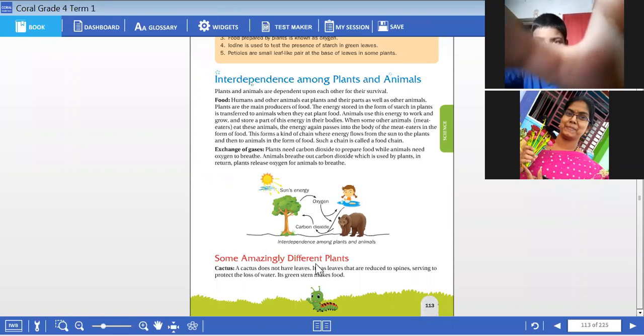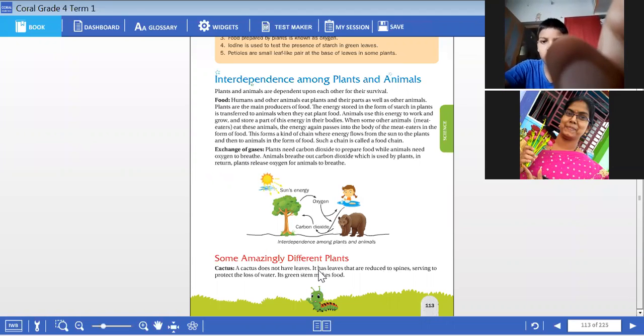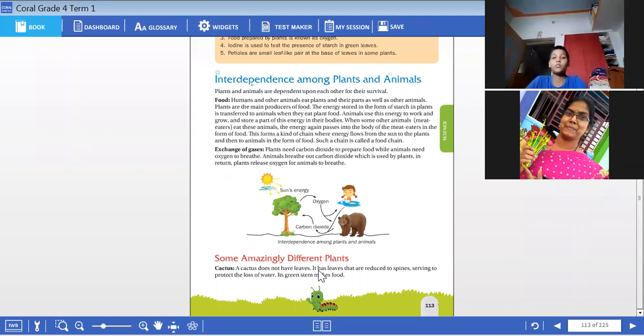Let's go to the next topic. Some amazing different plants. Cactus.